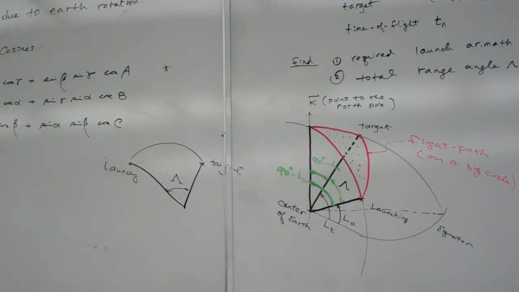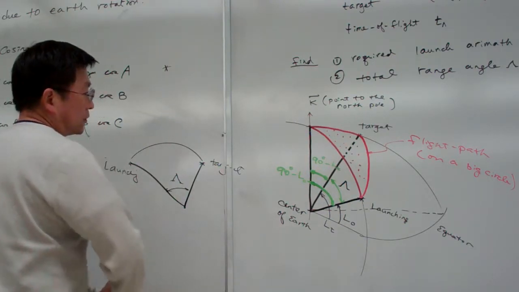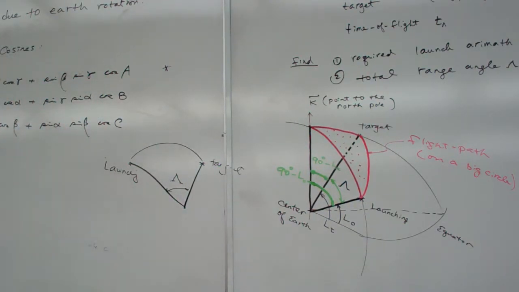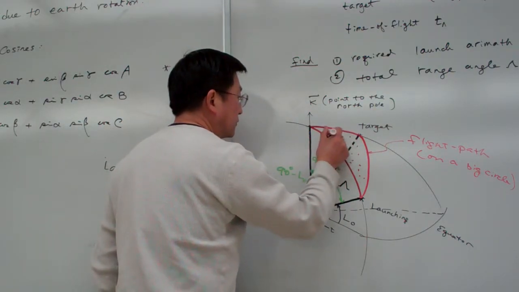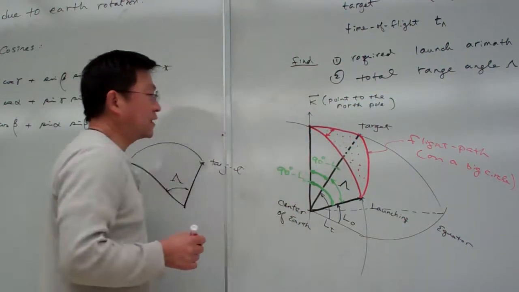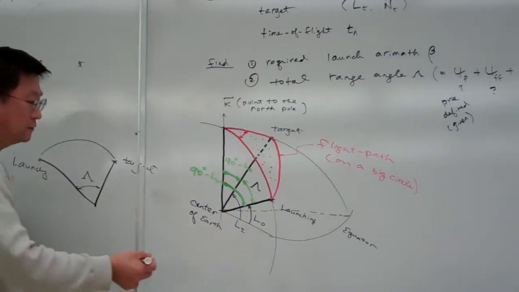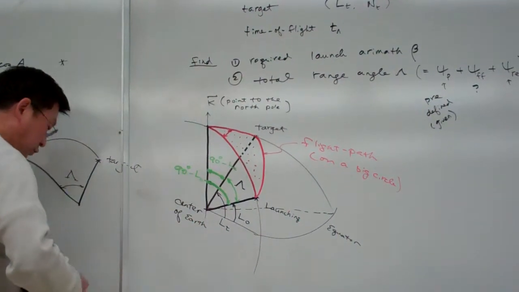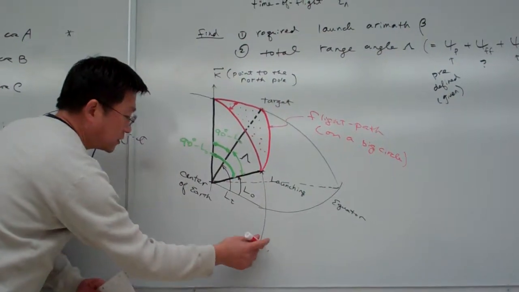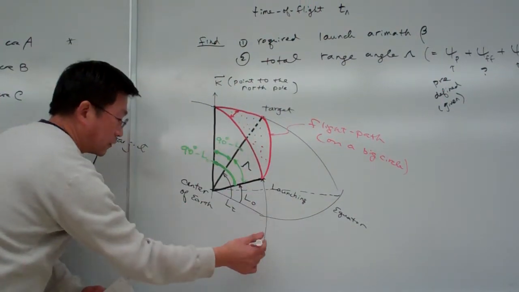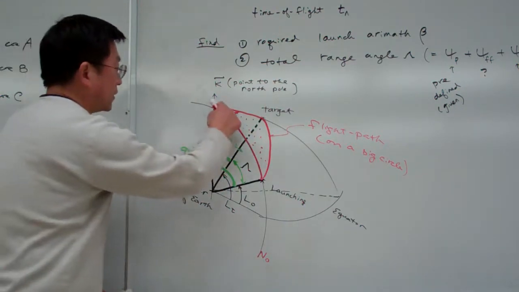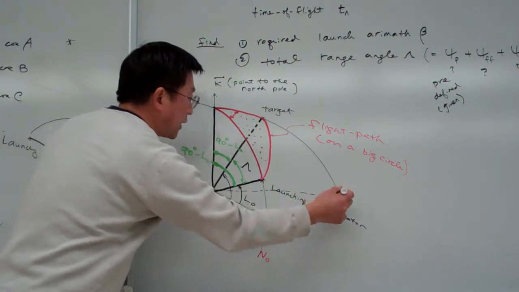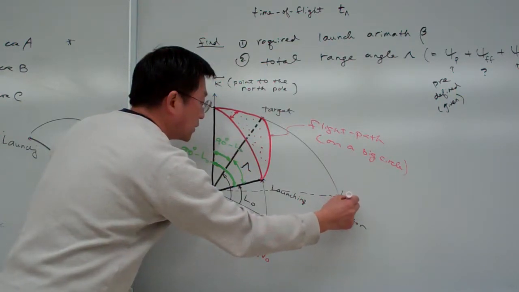Now, on the surface, we form the surface angle here. What is this angle? This is the longitude of the launching site, M0, and this is the longitude of the target, NT.